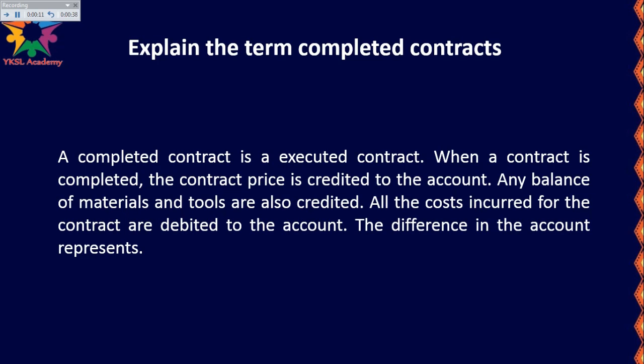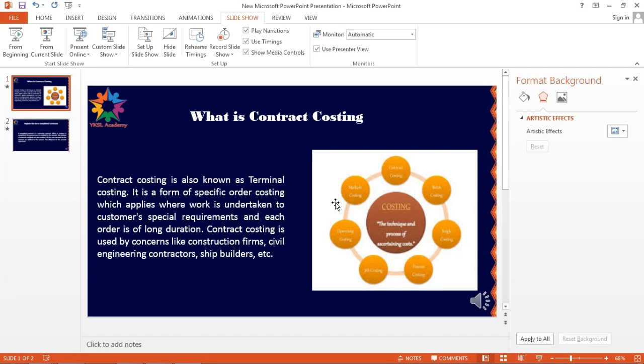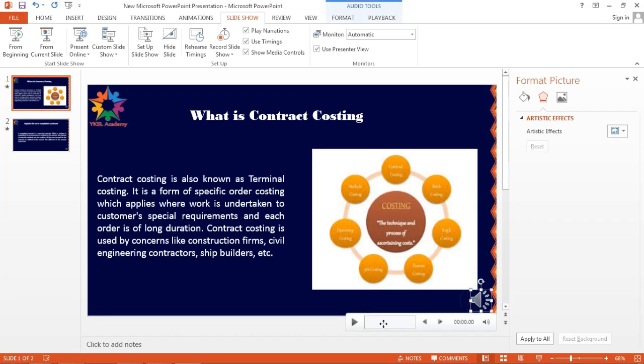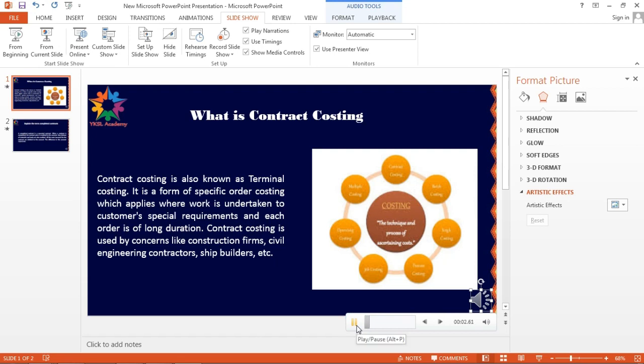Okay, so finish. Now see what audio is there in the second slide. So it comes in the presentation, right? So I'm just going to click what is contract costing. So contract costing is also known as terminal costing. It is a form of specific order costing.